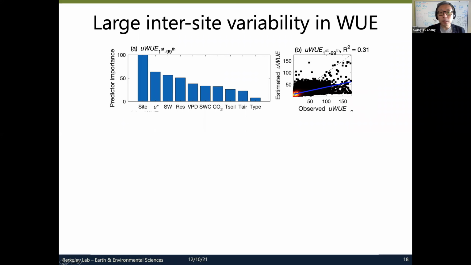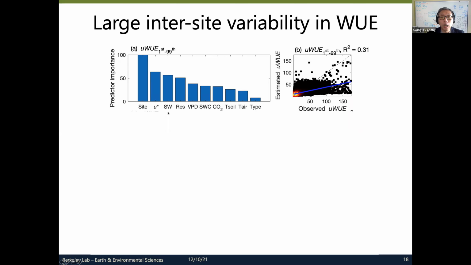And our random forest model predictor importance analysis shows large intersite variability in hourly water use efficiency inferred from the 40 sites, demonstrating that the ecosystem scale water carbon interactions are site-specific properties that depend on factors other than mean climate conditions. Although the interpretation of eddy covariance measurements is often limited by its energy closure problem, energy closure imbalance is not the dominant factor controlling water use efficiency in our study.